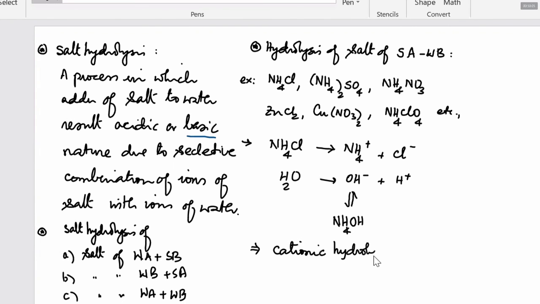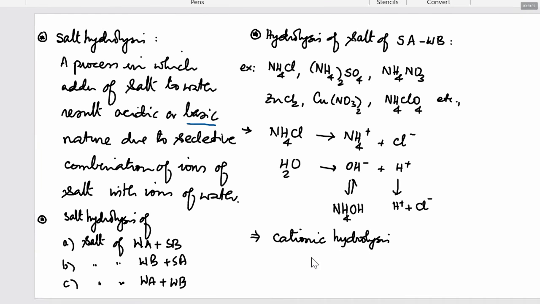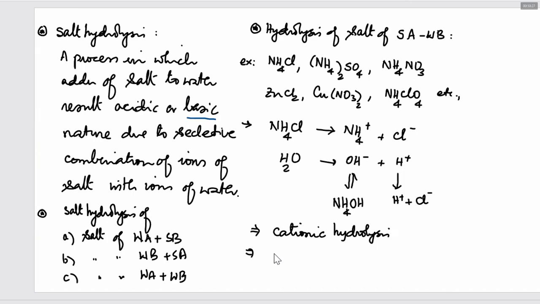This implies cationic hydrolysis. If cationic hydrolysis takes place, the cation of salt should react with the anion of water, hence OH minus. The H plus ion greets the chloride ion, but she says, I am coming from a strong family, I don't want any attachment from your side. Therefore, due to cationic hydrolysis, H plus ions are free. This implies cation of salt never combines with cation of water.